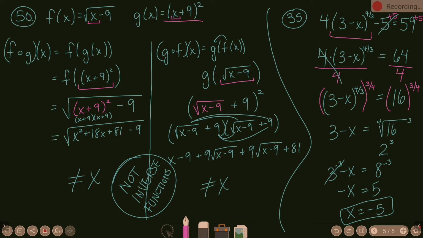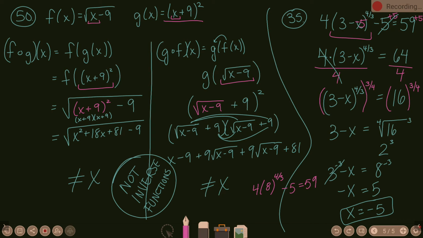So if I put it in, 3 minus negative 5 is 8. Positive. So it's 4 times 8 to the 4/3 minus 5. And does that equal 59?